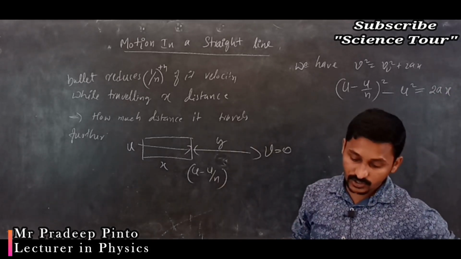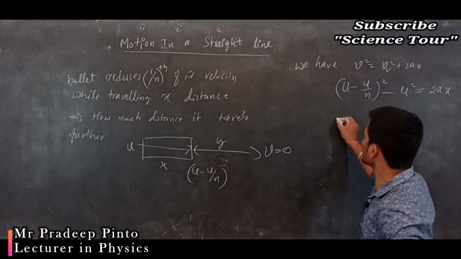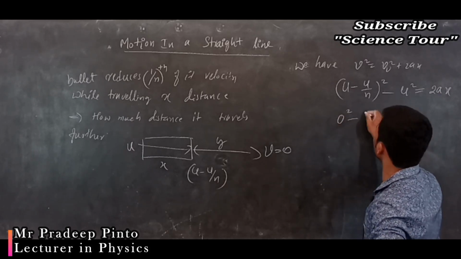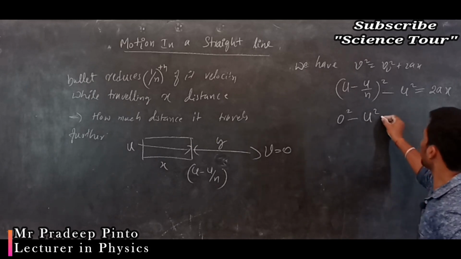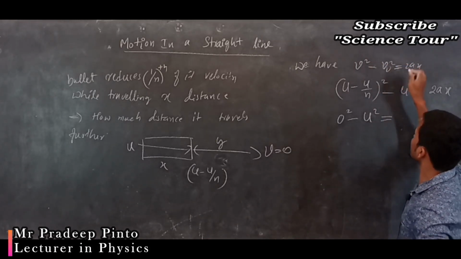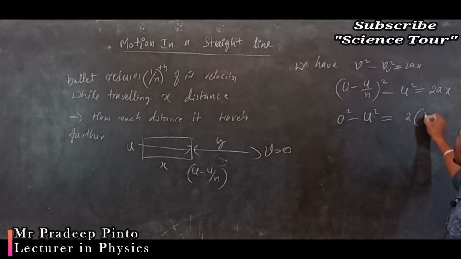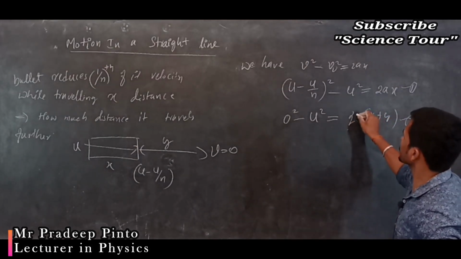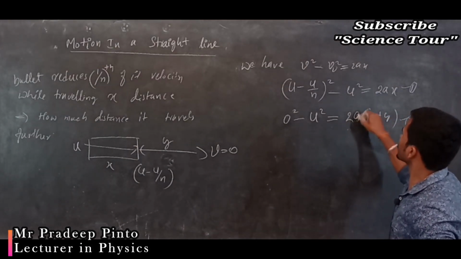So next we write down for the total distance, initial is u, final is going to become 0, so v square minus v naught square is equal to 2a into total distance, which is x plus y, isn't it? This is equation 1, this is equation 2, and a is also there.